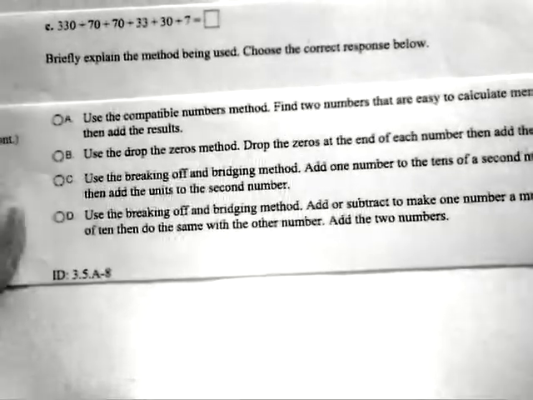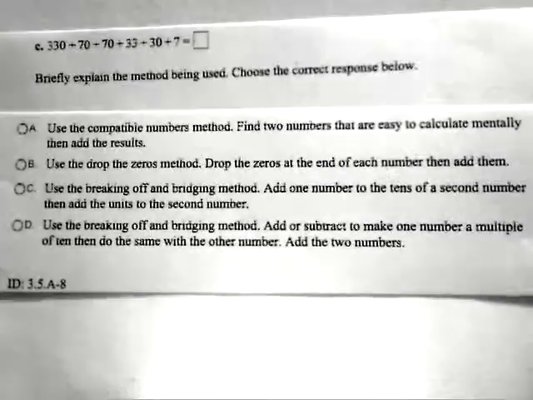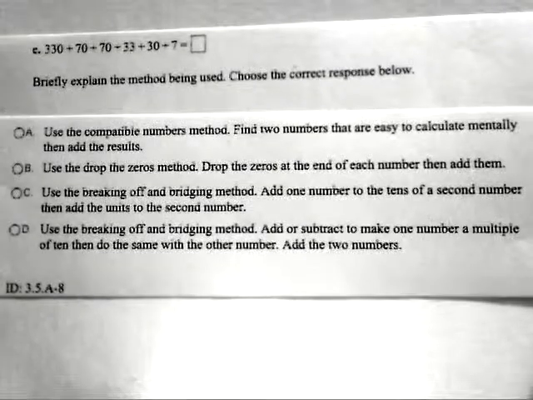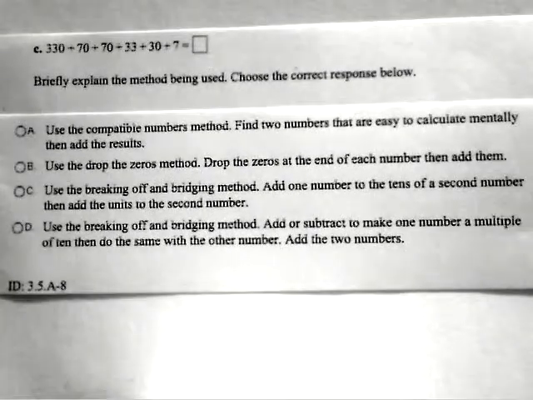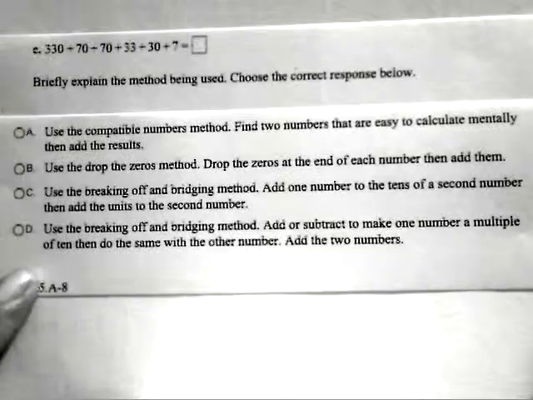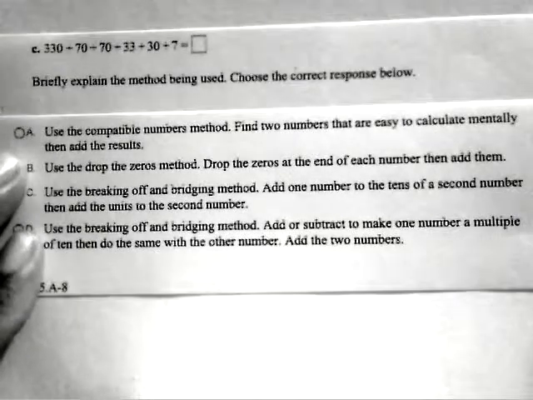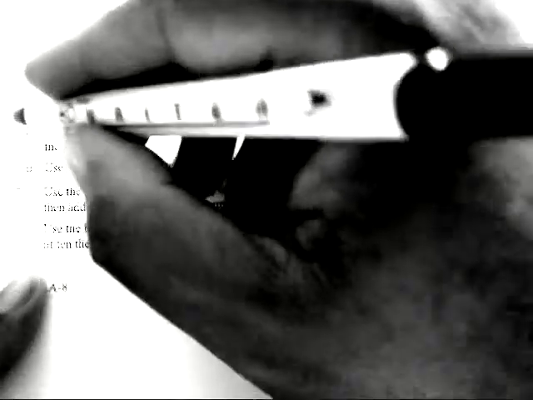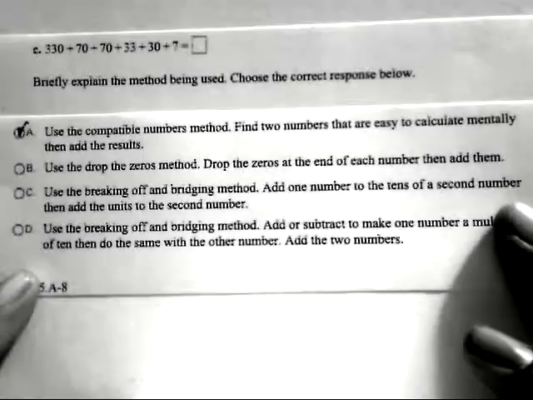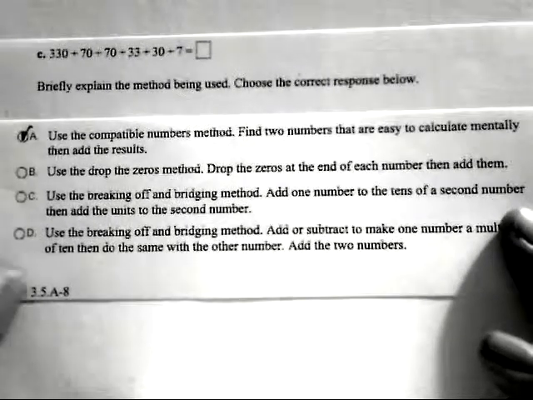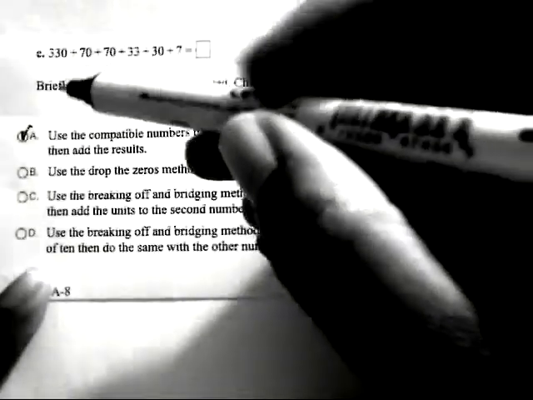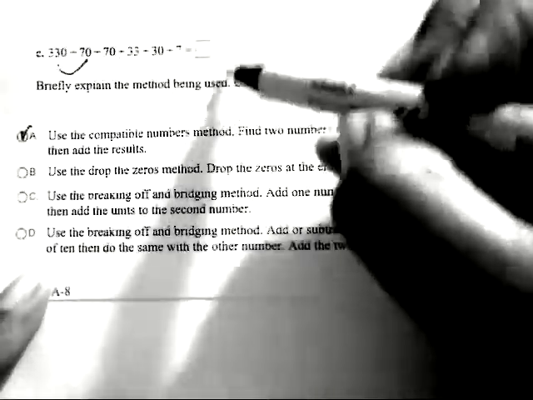Okay, here's part C. You want to explain the method that's being used, and these are the possible methods that can be used in this particular problem. We got 33 plus 70 plus 70 plus 33 plus 30 plus 7. This method, you would use compatible numbers. That's what you want to do, is find two numbers that are easy to calculate mentally and then add the results. Like the 330 plus 70.